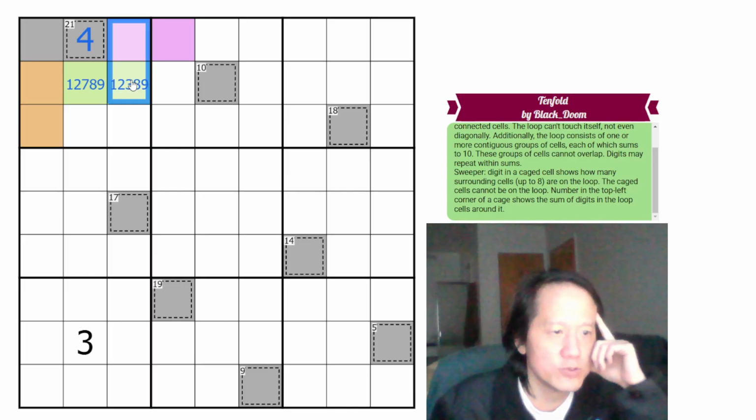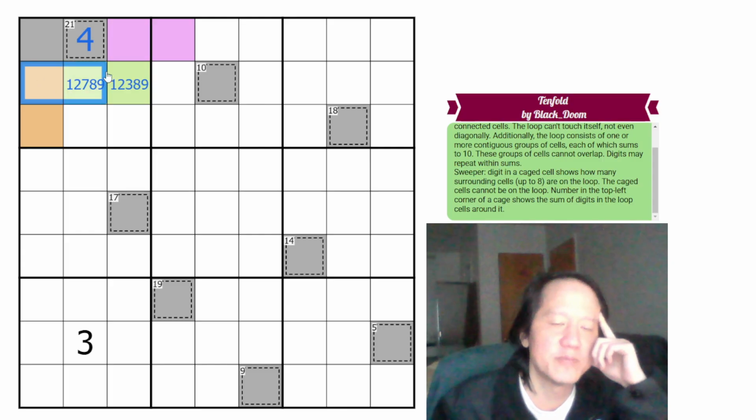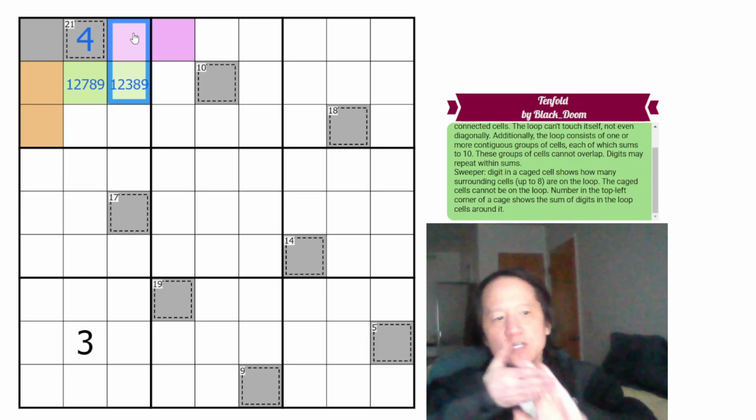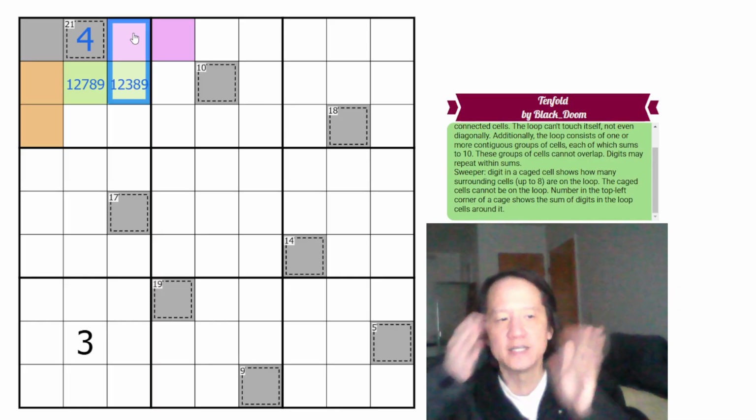And you can't have 2 here adding up to 10, because at least these 2 would then have to add up to 10. Same here. If these 2 added up to 10, that means these 2 would have to add up to 10 also. At most, because every cell on the loop must be part of a set that adds up to 10.